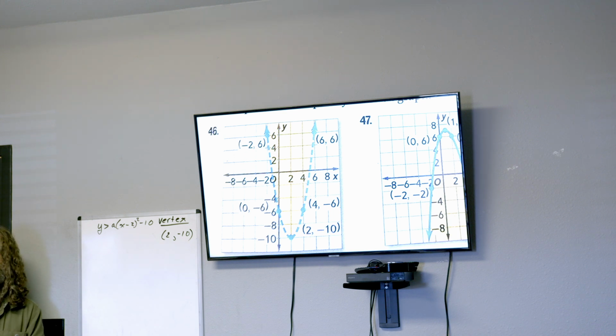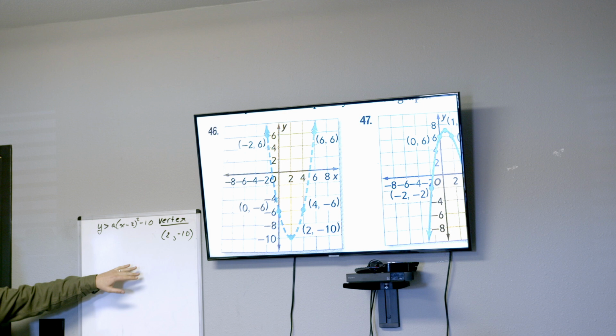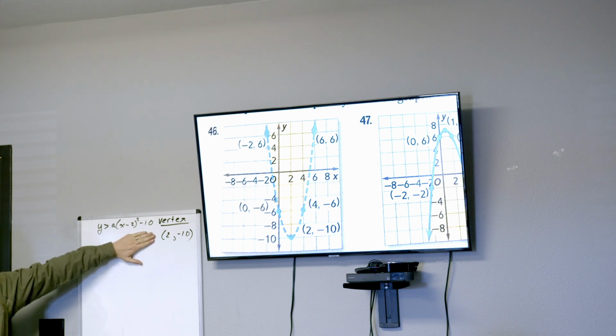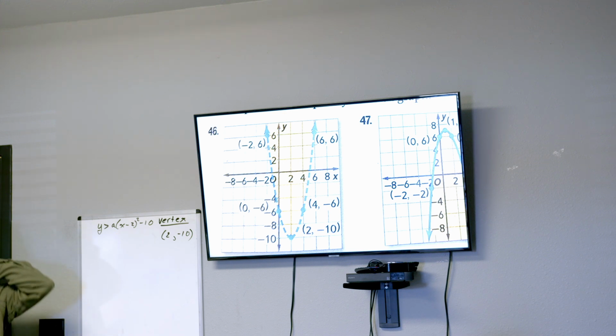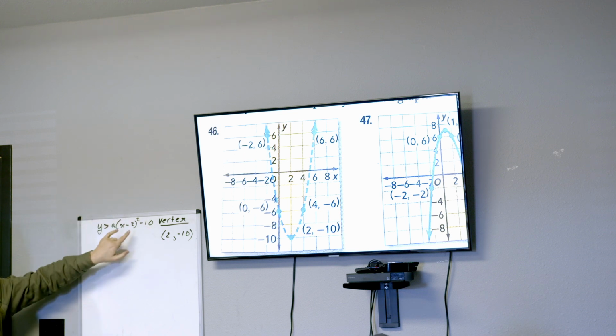We need to look at the A. But let's take a step back. How did I get this? The negative 10 is right. Negative 10, we go down. Inside, opposite. So we went to the right, so it's x minus 2, because remember the formula is x minus h. So it's the opposite sign inside the parentheses, yeah?